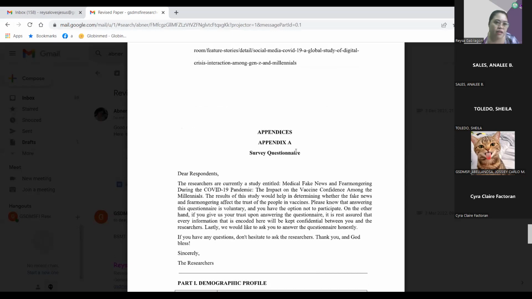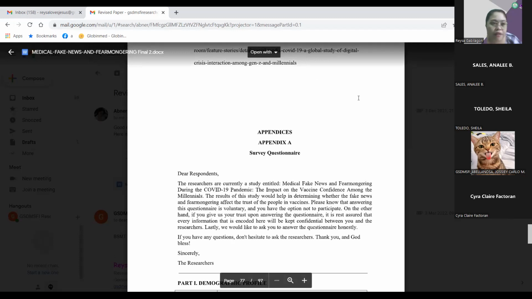Ubusin nyo na yung letters, isa-isa. Like Appendix A, letter to the Dean, Appendix B, letter to the laboratory in charge. Hindi yung Appendix A, letter to the Dean, tapos Appendix B, questionnaire, tapos Appendix C, bumalik kayo sa letter. So ubusin nyo na lahat ng letter before jumping into another type of appendix.